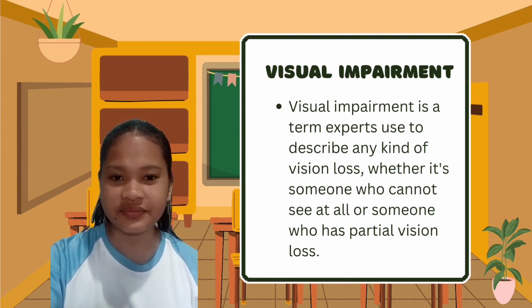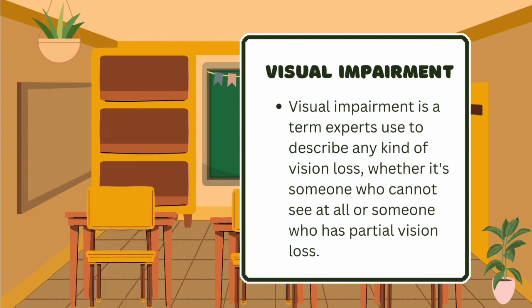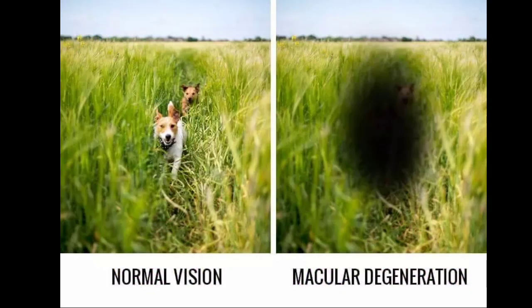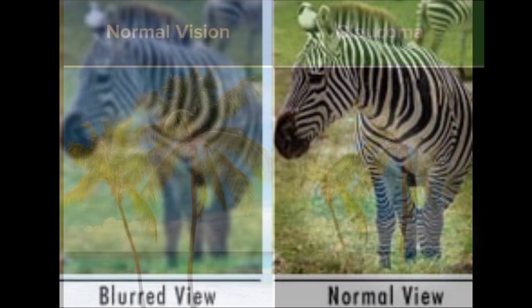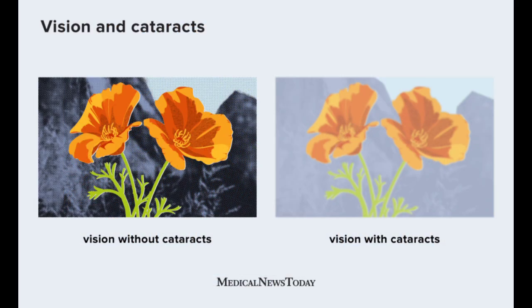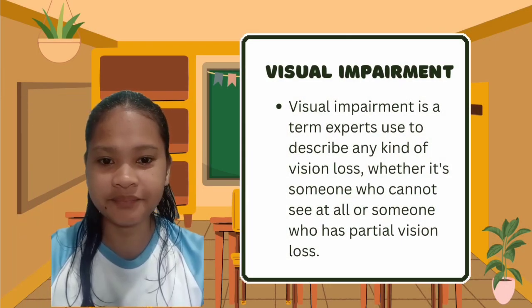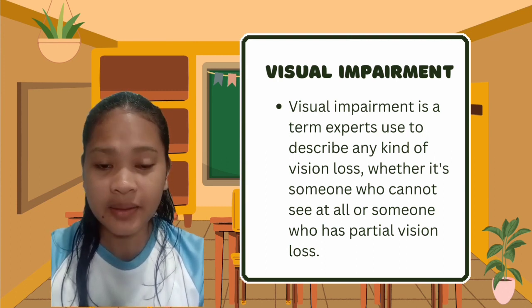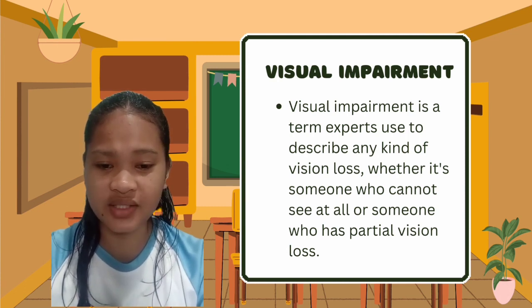So, examples of visual impairments are color blindness, macular degeneration, amblyopia, glaucoma, cataracts, and the worst, blindness. It is very sad to have this kind of disability, since sight is very important to us.